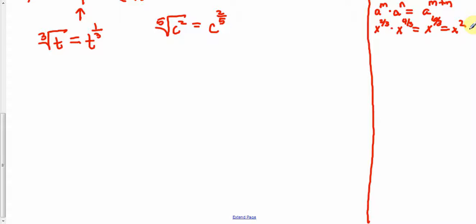If you are dividing like bases, you keep the base and you subtract the exponents. Your example would be if you had 5 to the 3/4 divided by 5 to the 1/2.